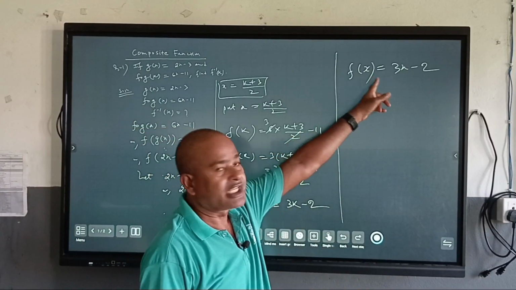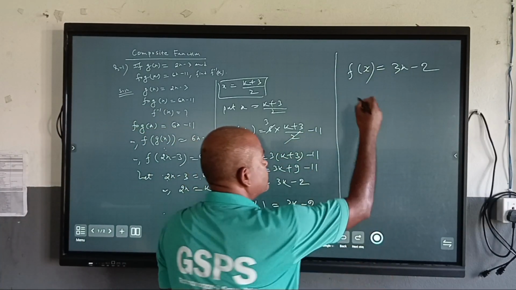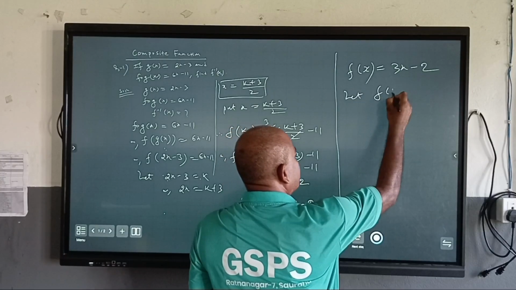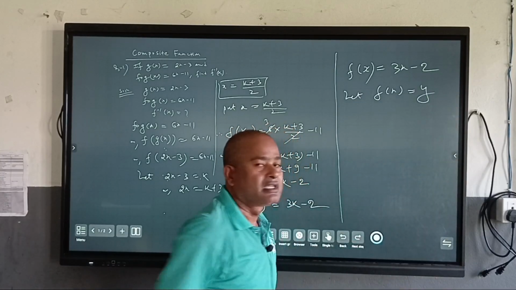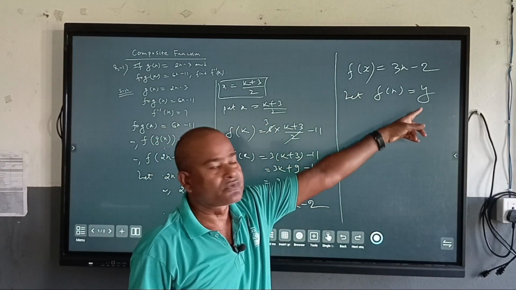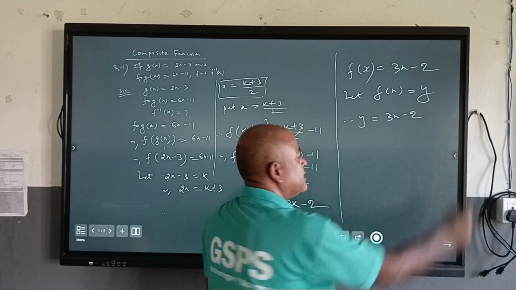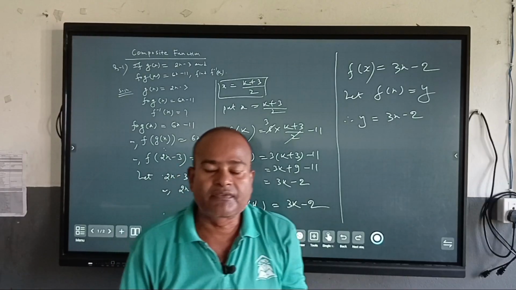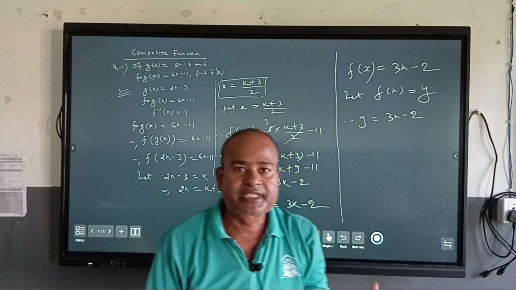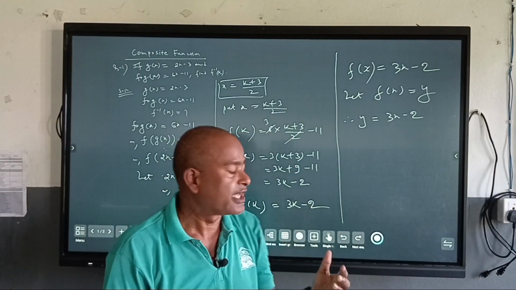Now we have to find out the inverse of this function. So to find the inverse of the function, let's suppose f of x equals y. Therefore y equals 3x minus 2. Dear students, to find the inverse of any function, we have to interchange x and y.